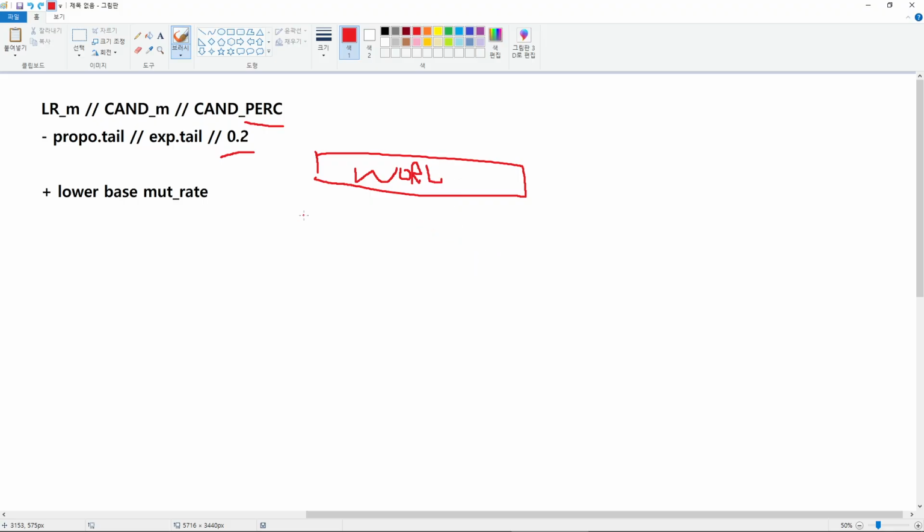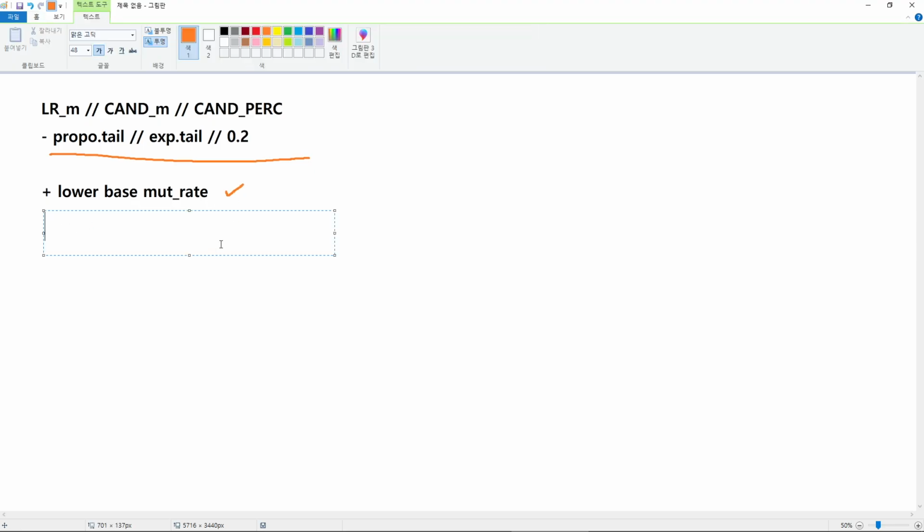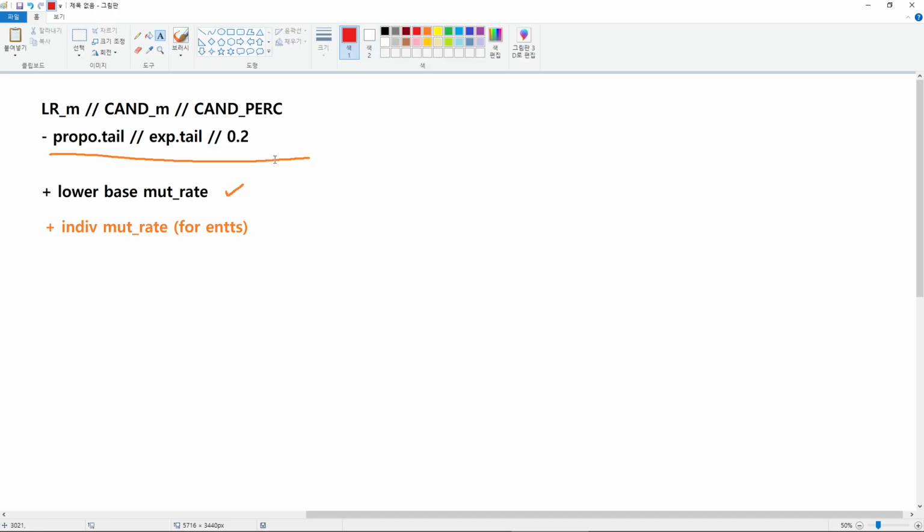And to do so, because with the initial setting, that is proper tail, xp tail, 0.2, before the lower base mutation rate and before the individual mutation rate for entities, this whole setting wasn't exactly converging, not all the time, or not as often as I would like.